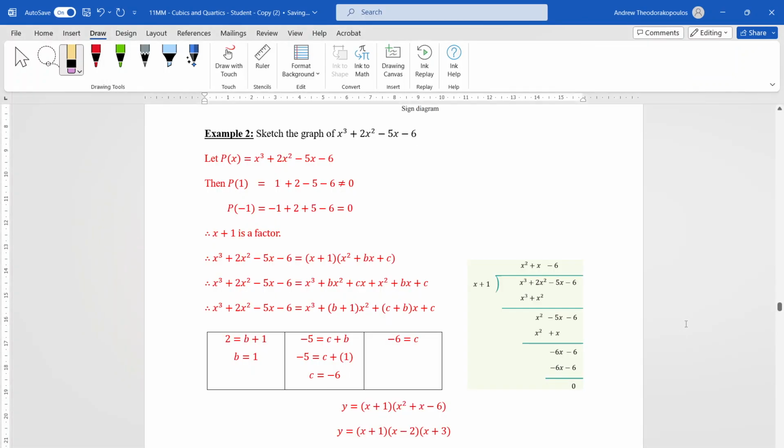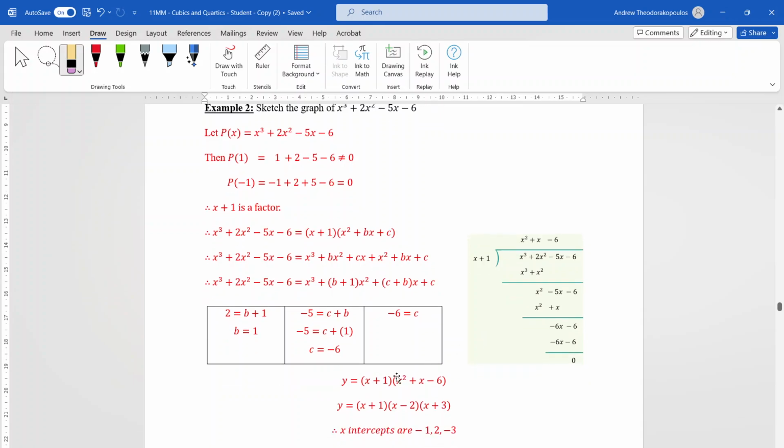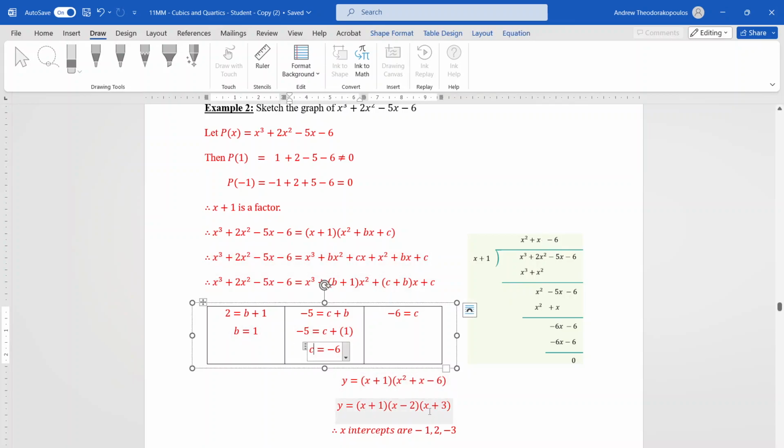So here we go. The long division's already been done for you. Equating coefficients already been done for you. When we divide or factorize, we eventually get to this point here: x plus 1 is a factor. And eventually we get x squared plus x minus 6, as you can see from these b and c values.